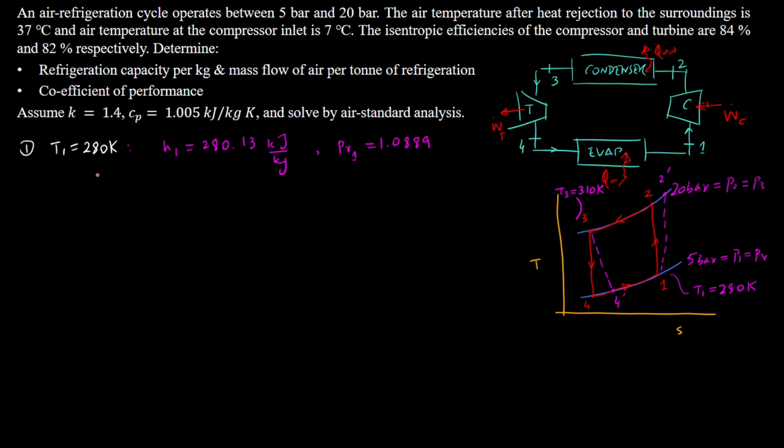And because the process 1 to 2 is isentropic, across this process 1 to 2, we can find out the value for PR2, which is going to be the ratio P2 by P1.